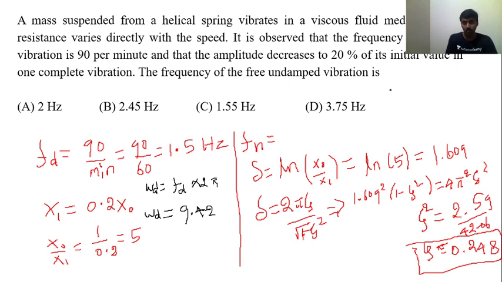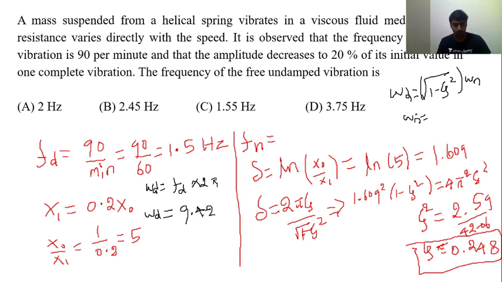Now omega d is equal to root of 1 minus zeta square into omega n. So omega n is equal to, substituting the value, 0.248, 1 minus the answer, root of the answer, and omega d 9.42 divided by the answer is equal to 9.72.